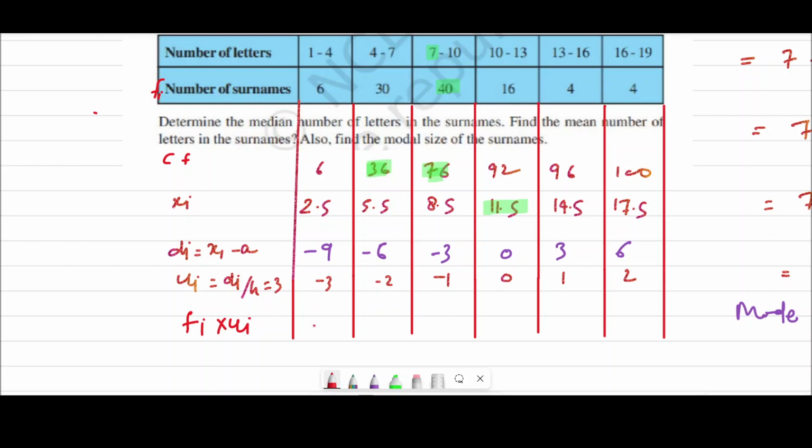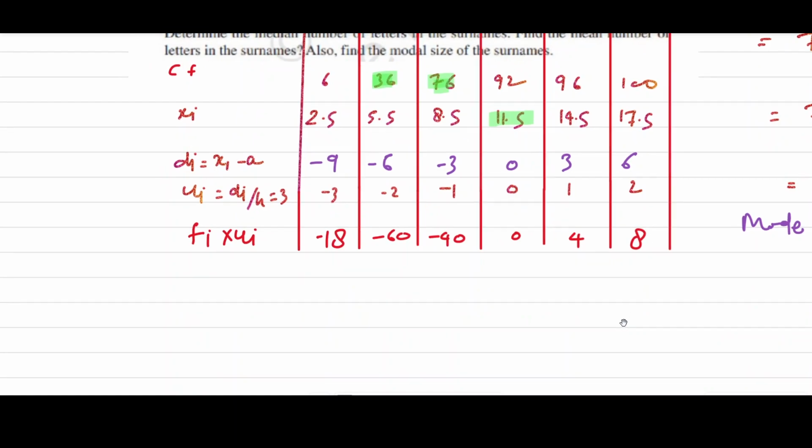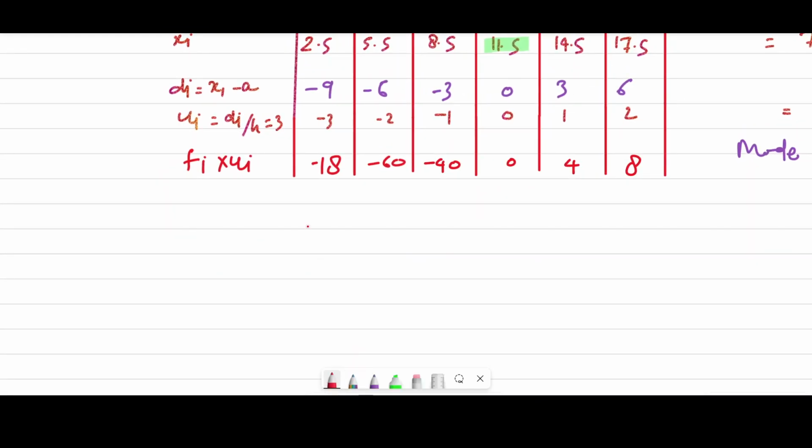So first multiply: this will be minus 18, and this will be minus 60, and this will be minus 40, and this will be 0, this will be 4, this will be 8, and if we find out the sum, sigma fi ui will be minus 106.